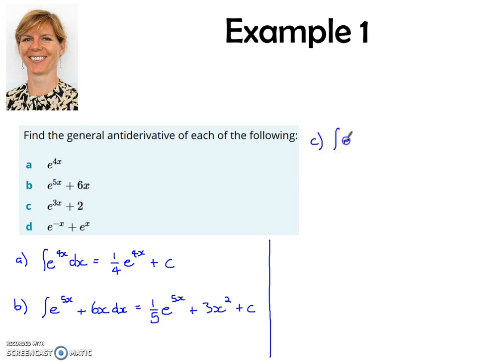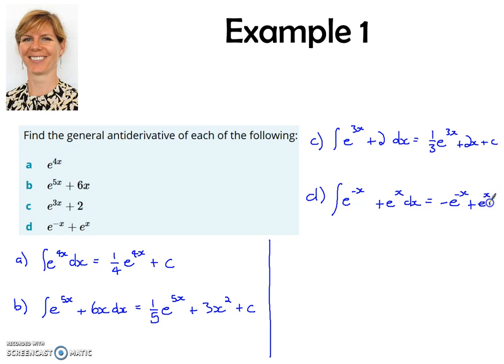So antiderivative e to the 3x plus 2 dx, so that'll be 1/3 e to the 3x plus 2x plus c, and the last one, just e to the minus x plus e to the x dx, and again it's going to be negative e to the minus x, plus e to the x, it's just its own derivative, and therefore its own antiderivative, plus c.